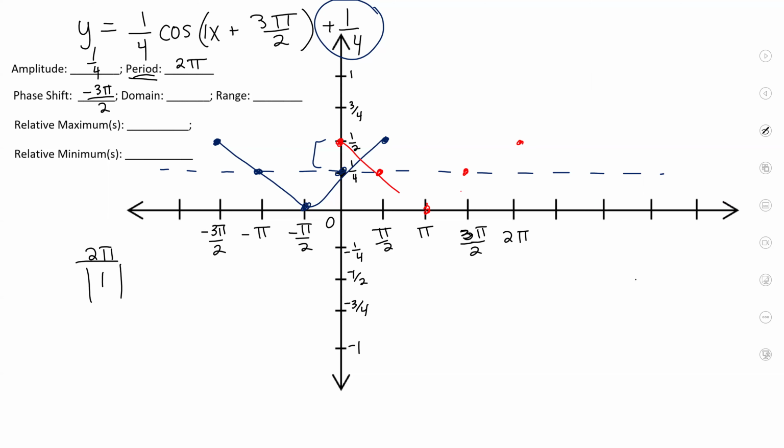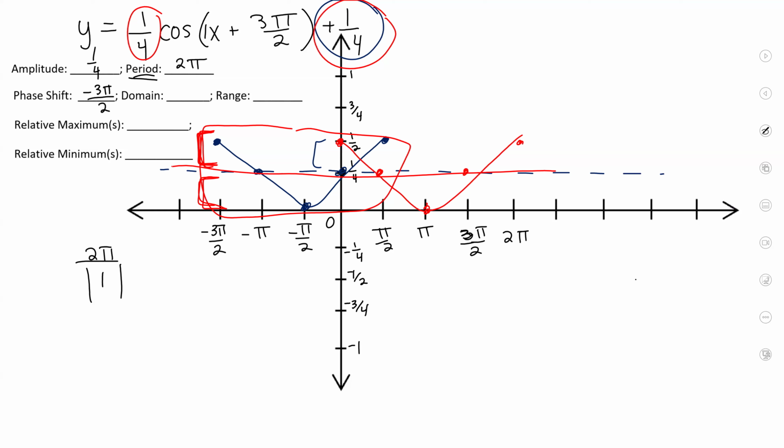However, it shifted to the left, -3π/2. So that's why it looks like this. And notice your amplitude is 1/4. From here to here is 1/4. From here to here is 1/4. And your midline is at 1/4. So that's how you graph it. And you guys can answer the questions for domain, range, and maximum and minimum.